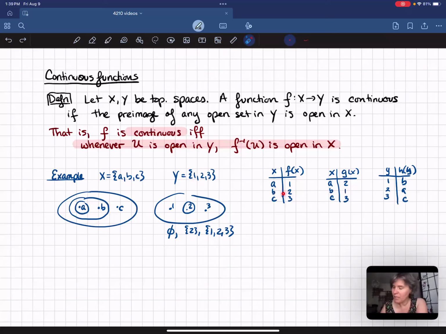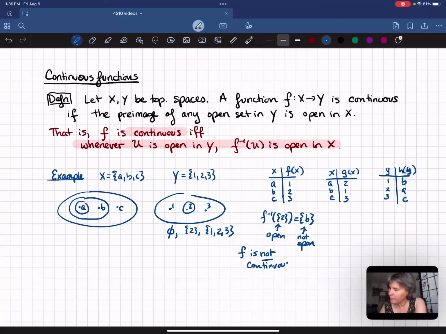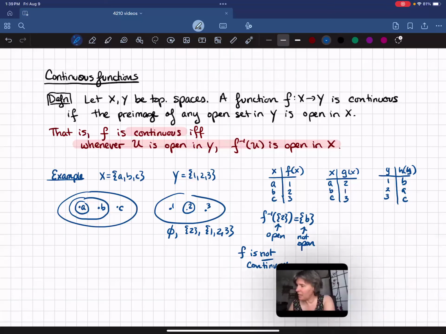Just b. And b is not open in the domain. So f inverse of singleton 2 is singleton b. Singleton 2 is open, but singleton b is not open. If you can find one example like that, it tells me f is not continuous. So f is not continuous.